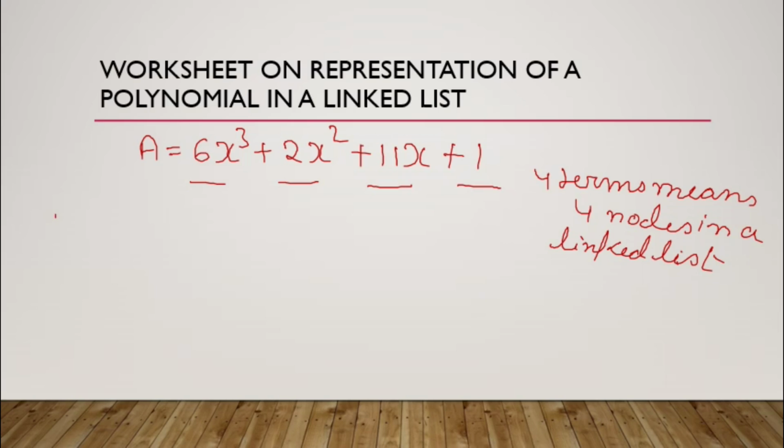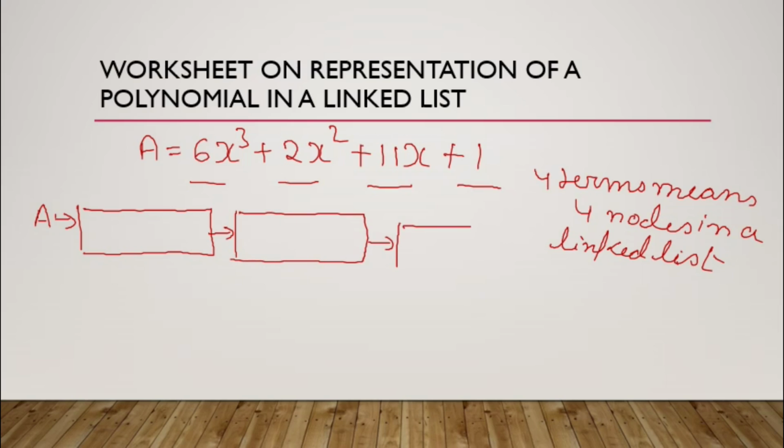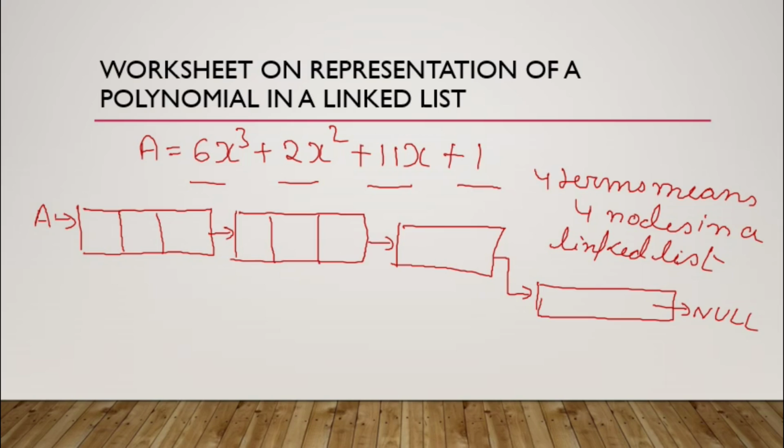A is a pointer to the linked list, which is followed by a 4-node structure: 1st node, 2nd node, 3rd node, and a 4th node, the last node. Each node will have 3 fields.